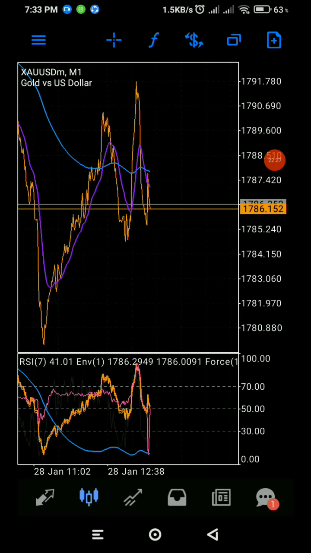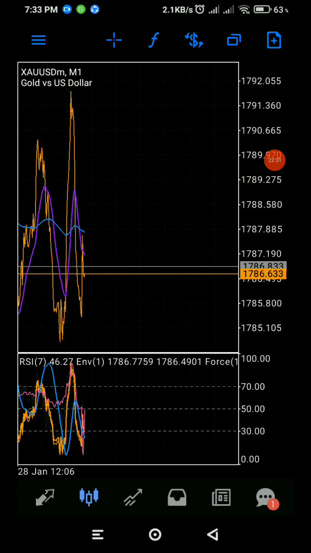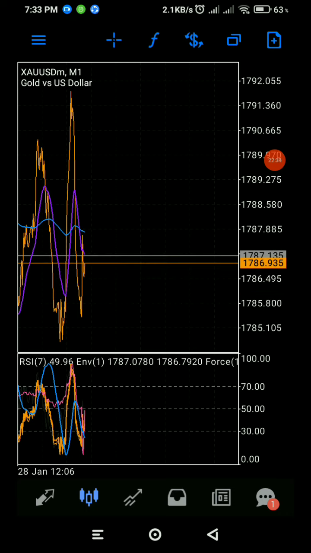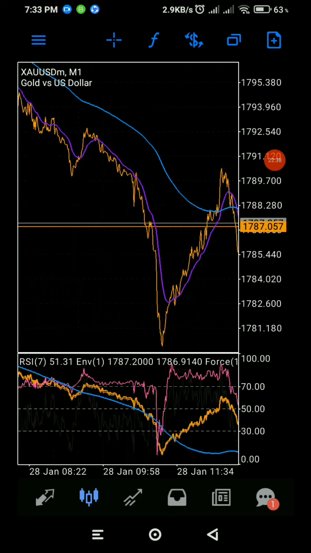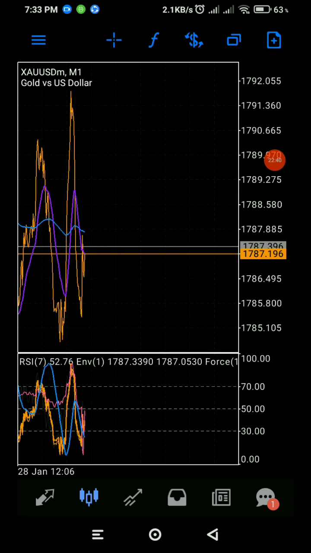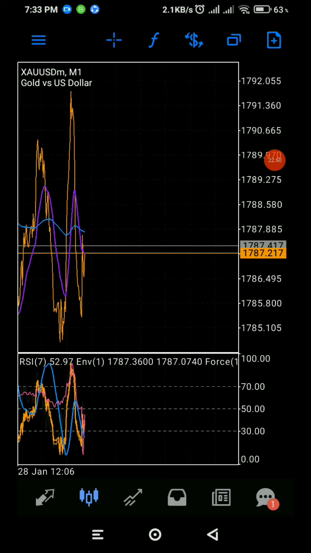So now price is again coming down, and I'm waiting to take entries from key levels and the signals from the RSI window, from the Twin Tower. Twin Tower is a smart strategy.